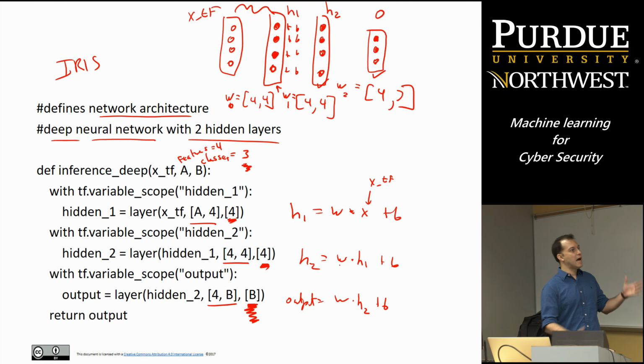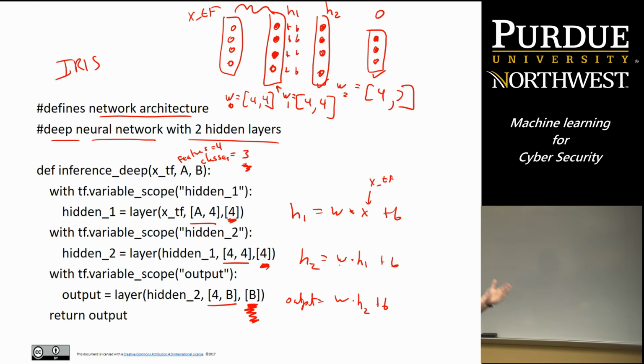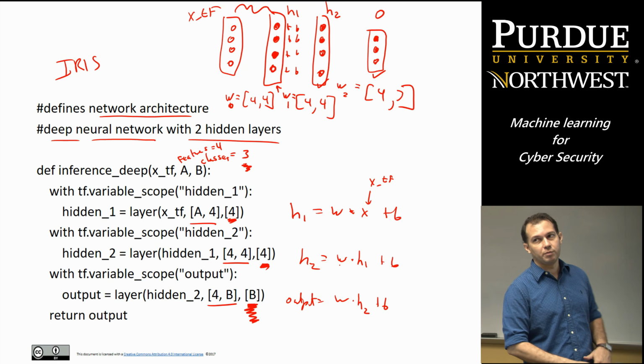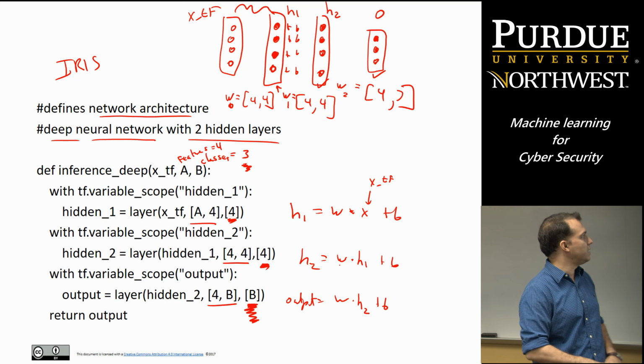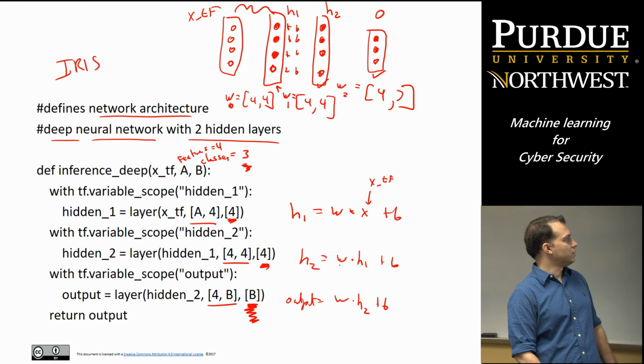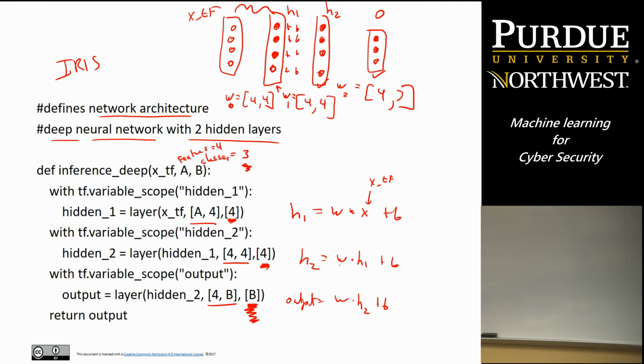So anyway, now this is the architecture, and you can play with it. This is what you will be doing today. Remember, the theme today is to do deep neural nets. You have your inference function over here, right? And you have TF hidden 1. You call layer, you give it X TF, you give it the dimensions, and that produces hidden 1.